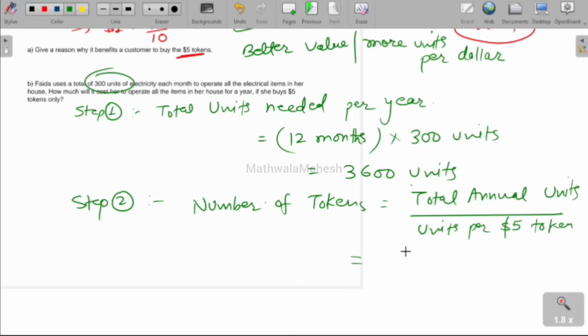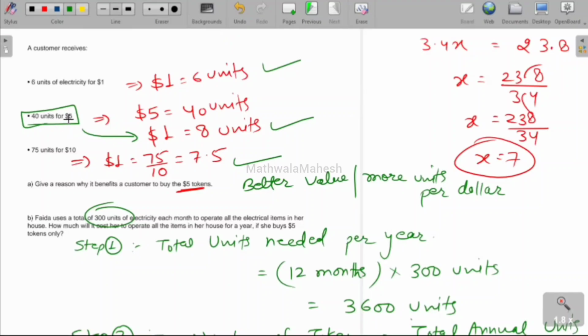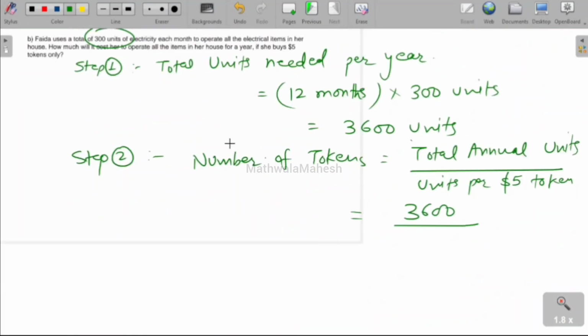Total annual units 3600 and units per $5 token is this one, 40 units for $5. So we will divide by 40. So the answer is 90. Okay. So 90 tokens are needed.